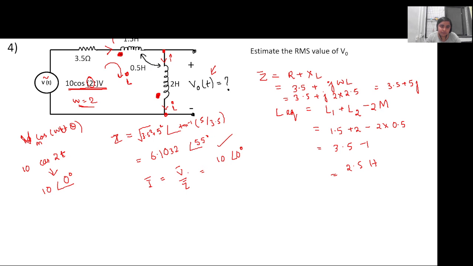Ideally it would be better if you write in terms of sine. Then finally you will get in terms of sine.